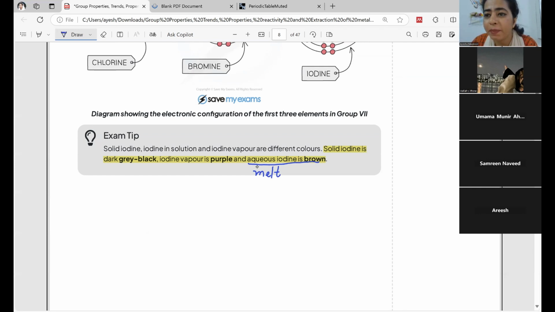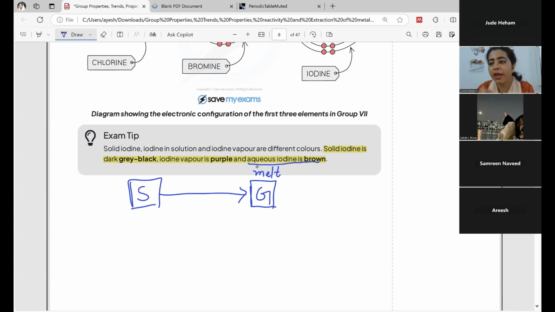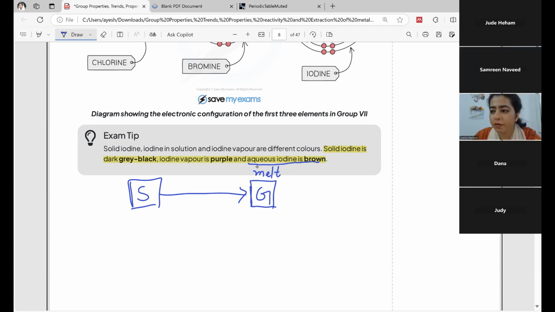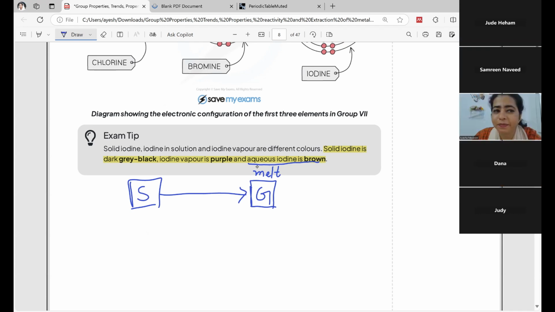We have some examples in chemistry which just exist in two forms: solid, then directly changes to gas without going into liquid. Do you remember any example which is in the form of solid and then directly changes to gas, and what is the name of the process? The process name is sublimation, right? And any example you remember?